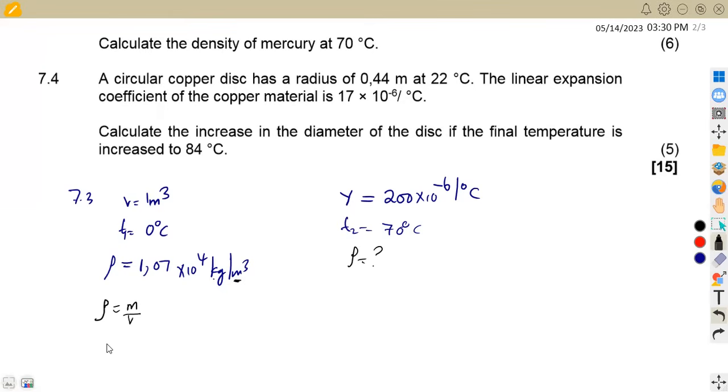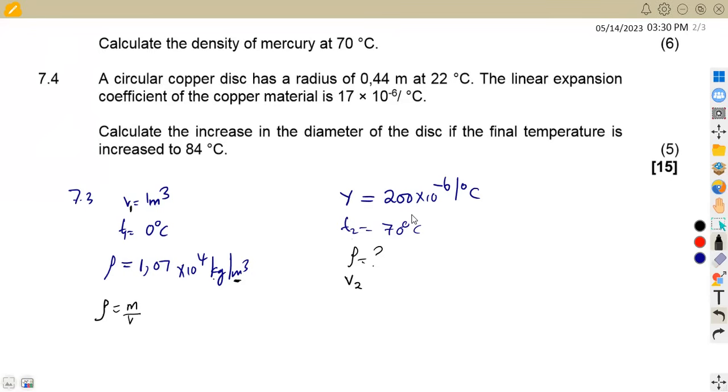If we can obtain the volume which corresponds with the second consideration, which is our final volume, V2, because in the first part we are given V1 as 1 cubic meter for this density and this temperature, then we can calculate the density from there.